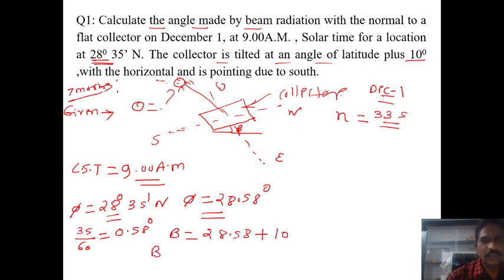So beta becomes 30.58 degree, guys. Okay, with the horizontal and pointing due south. So now we have to find this theta. You see here, guys. But before that, first of all we calculate the first parameter, the declination angle.